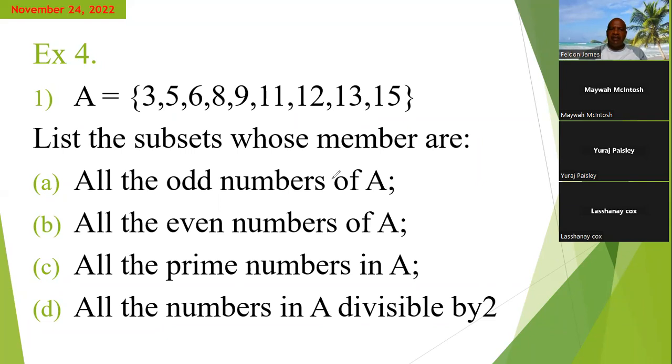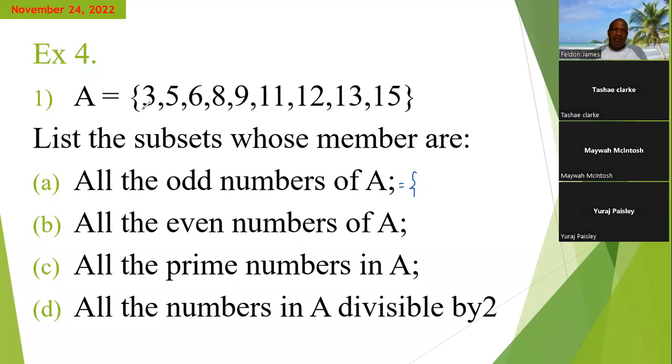So for this first part A, what are the members that are odd numbers? Come guys, start and help me to list this. What are the odd numbers in this set? 3, 5.